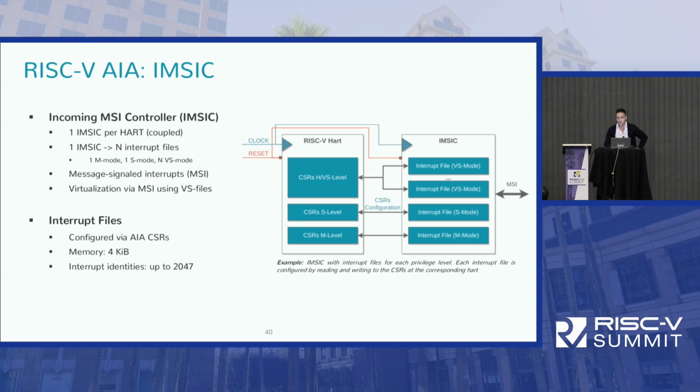This is defined while you are doing your design. The IMSIC supports message signaled interrupts, which was one limitation of the PLIC, and the virtualization support that exists to deliver interrupts directly to the guest without any kind of hypervisor intervention is through this IMSIC infrastructure.